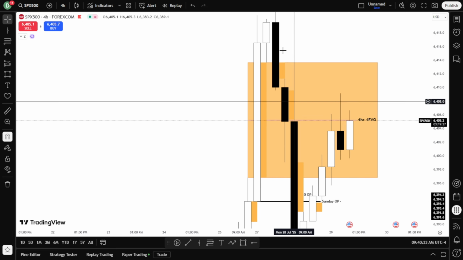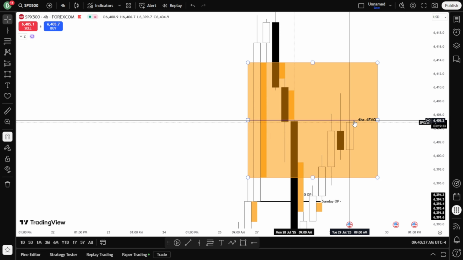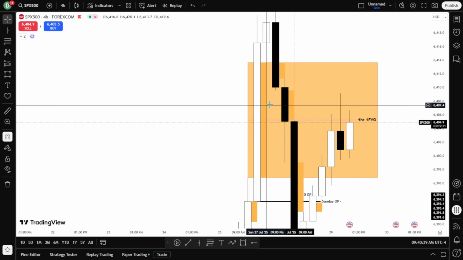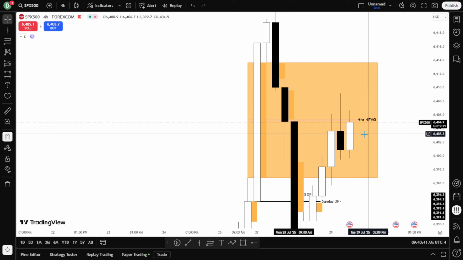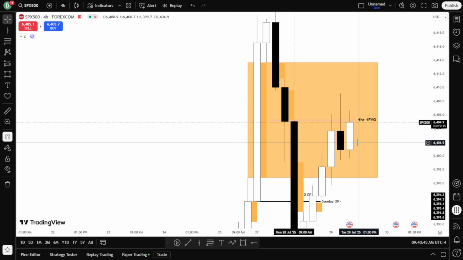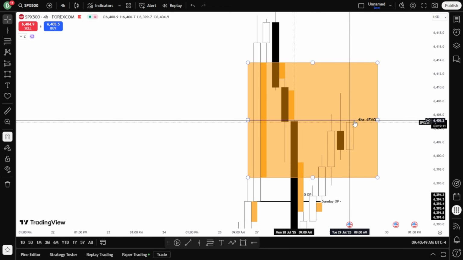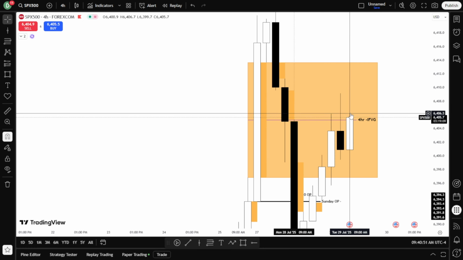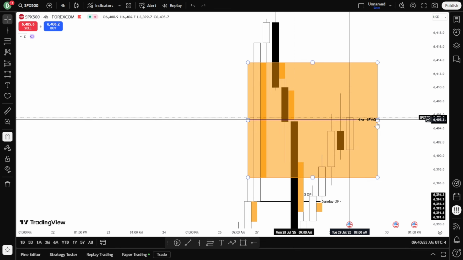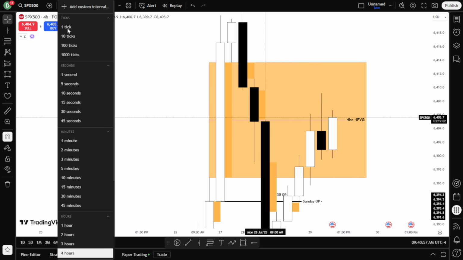Market closed lower, so now it should act as the inversion. It will reverse its role. In simple terms, I am seeing some kind of resistance. I'm looking for some kind of resistance inside this, but let's see.